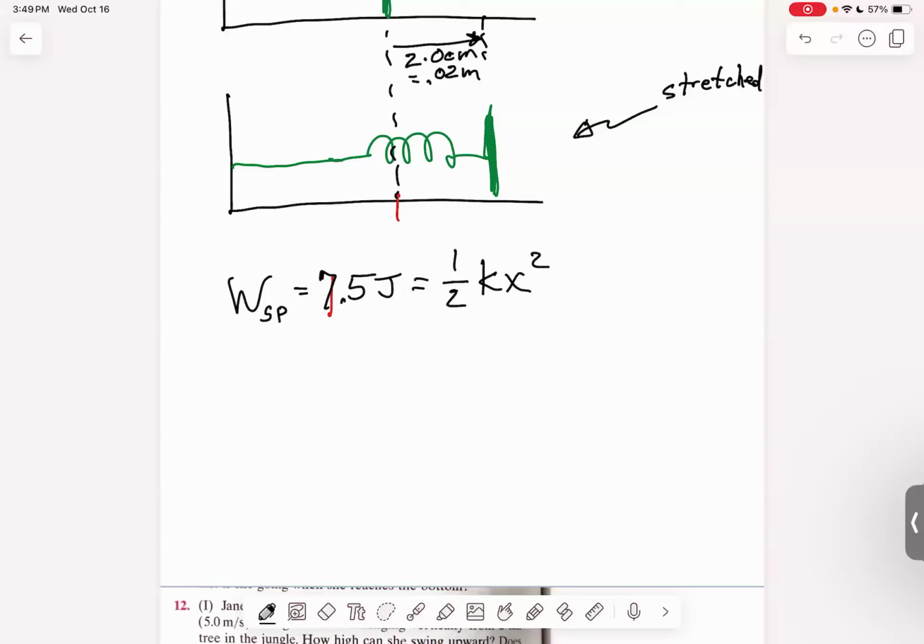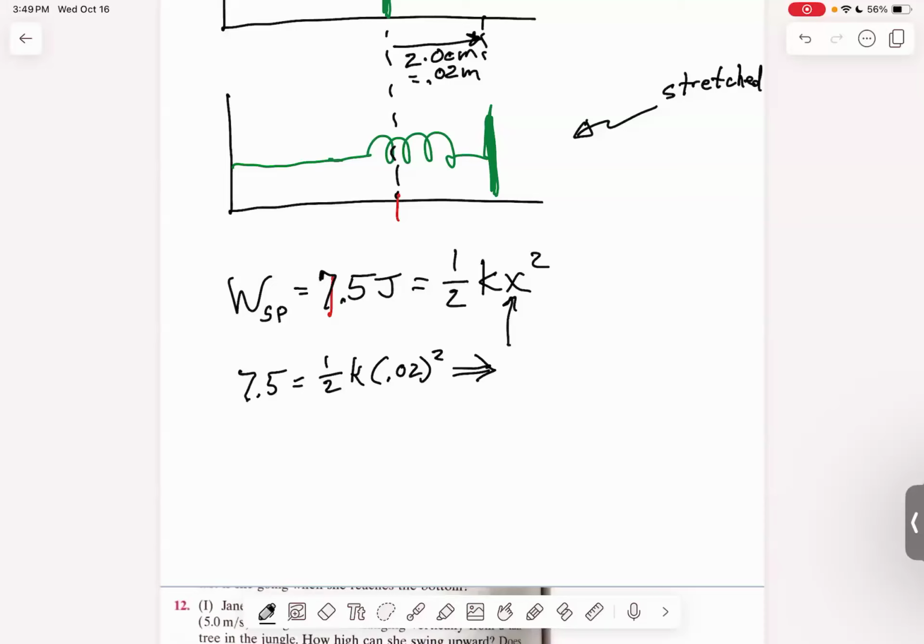Now, let's see what's given here. It gave us that we moved the spring 0.02 meters, and let's plug in and see what we have. We'll leave the units off. So 7.5 is equal to 1/2 k. We don't know k times 0.02 quantity squared.